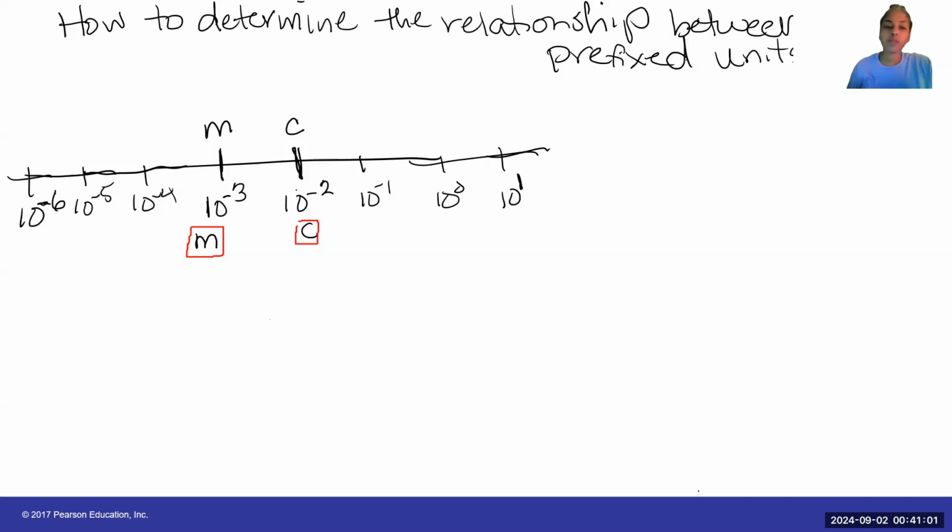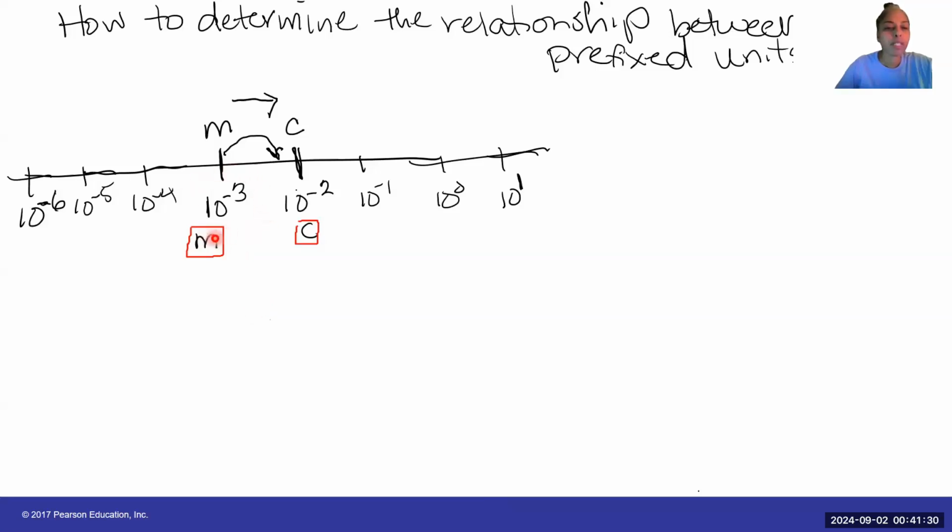So get used to some of these abbreviations, right? If I wanted to go in the forward direction, let's say from milli to centi, notice here that going from milli to centi, there is one hop on our number line. So what does that mean?